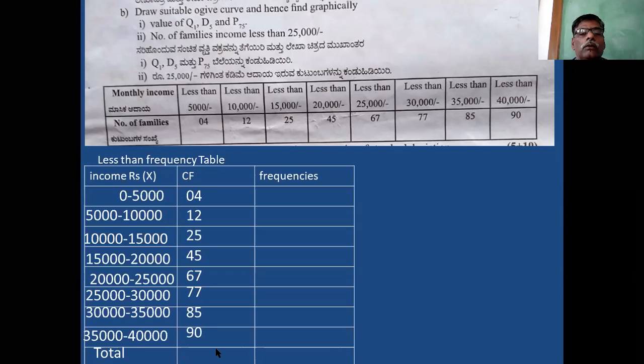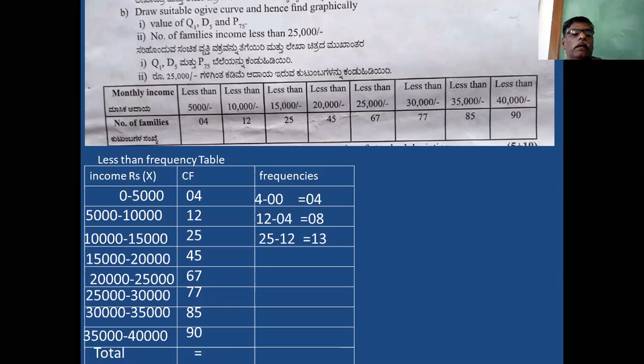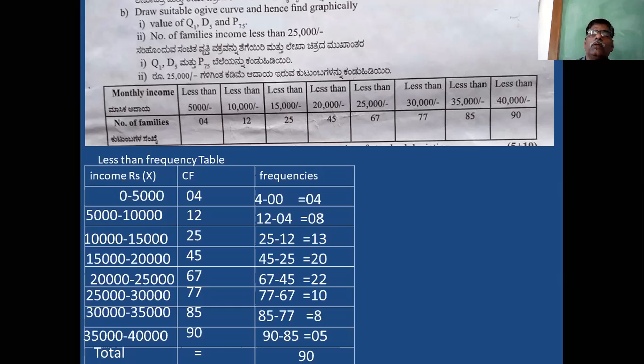The total is 90. Now you have to calculate the original frequency. Original frequency is 4 minus 0 equals 4, 12 minus 4 equals 8, 25 minus 12 equals 13, 45 minus 25 equals 20, 67 minus 45 equals 22, 77 minus 67 equals 10, 85 minus 77 equals 8, 90 minus 85 equals 5. The total is 90.